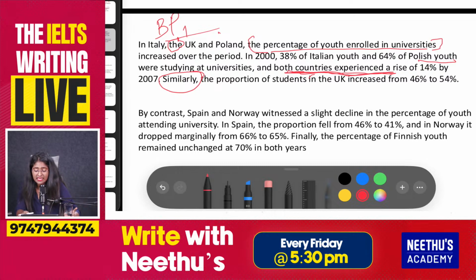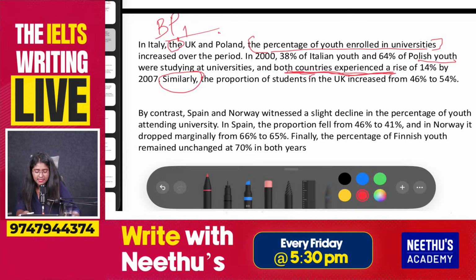The way of saying is experienced a rise of. Youth studying in universities, at universities. Then they experienced a rise. So instead of saying it increased from this to that, they are saying it had an increase of 14%. Those figures should be exact, okay? If it's not the same for both the countries, don't go for this.